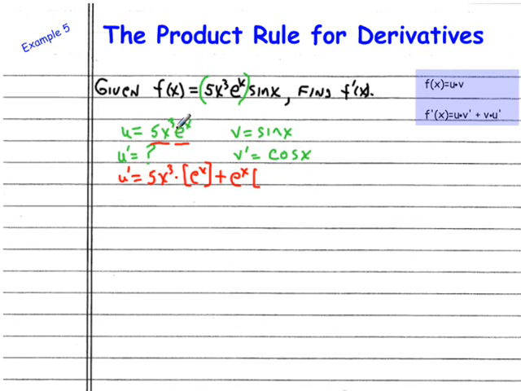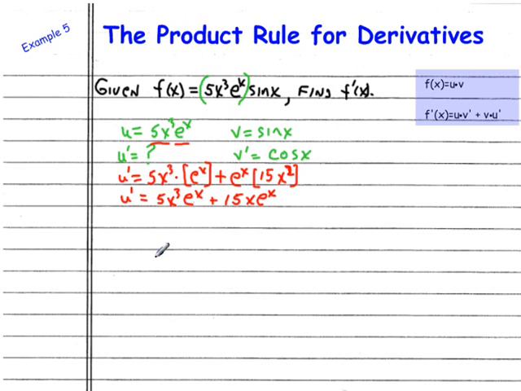Well, here's the first function. Its derivative is 15x squared. And now I can simplify u prime as 5x cubed e to the x, plus, my apologies, this should be a 15x squared, plus 15x squared times e to the x.